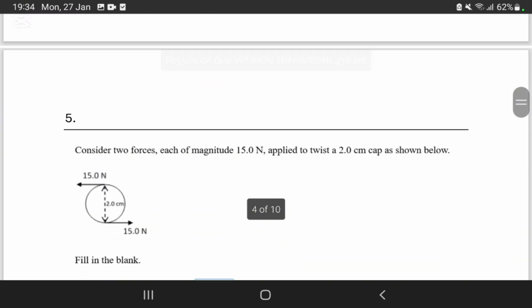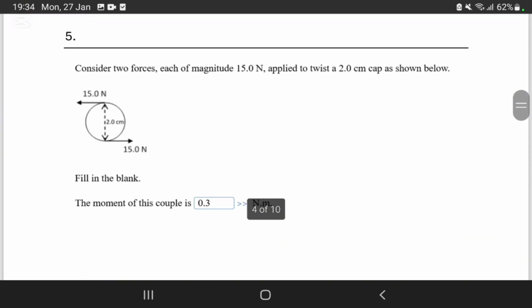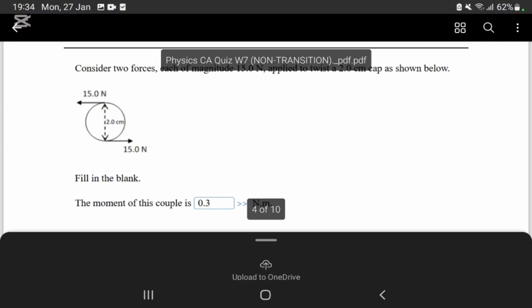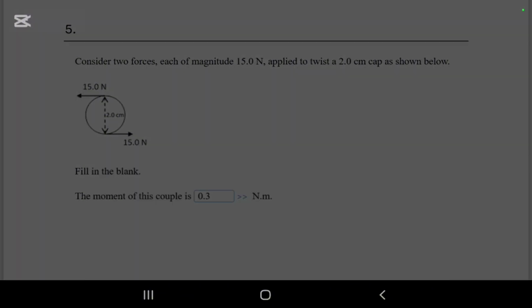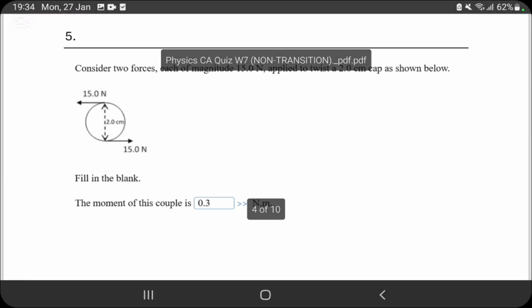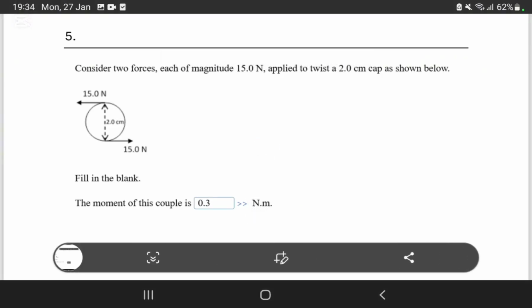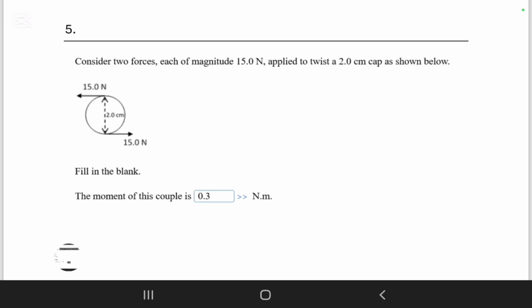Number 5. Consider two forces, each of magnitude 15 newtons, applied to a twist of 2 centimeters. For this question, it's really simple. All we have to do is take either one of the 15s.